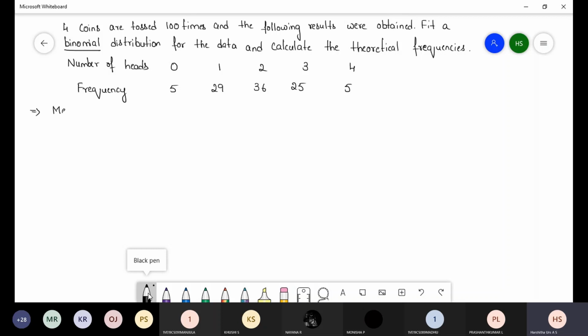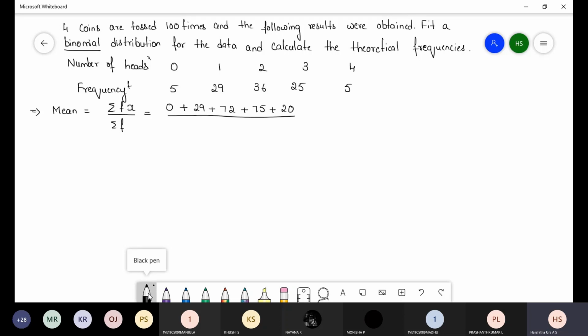So here we have the mean. We can consider the mean as the sum of number of heads into frequencies, divided by the sum of frequencies. Number of heads we can write as x and frequencies as f. So sum of f x, divided by sum of f. So 0 into 5, 0. 1 into 29, 29. 2 into 36, 72. 3 into 25, 75. 4 into 5, 20.